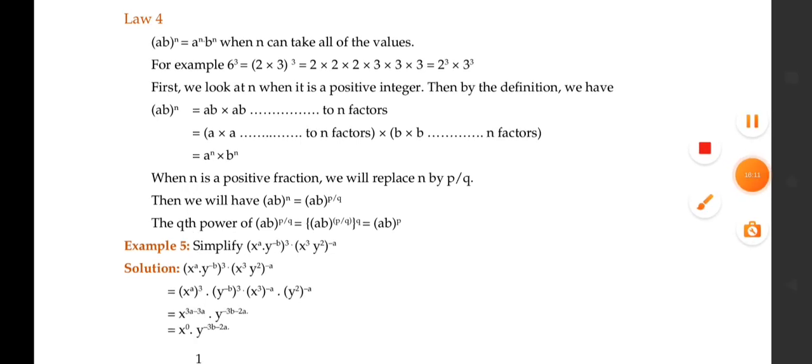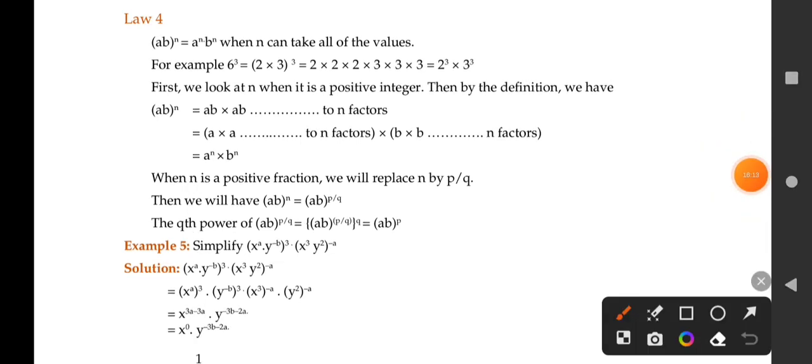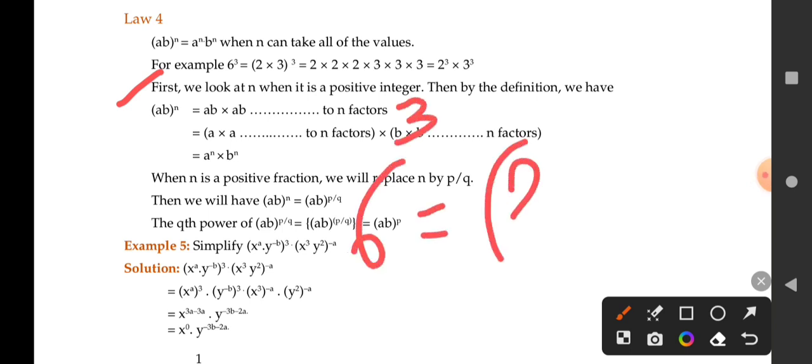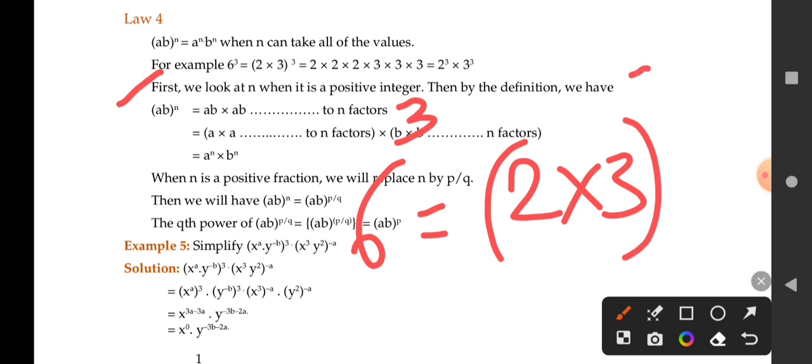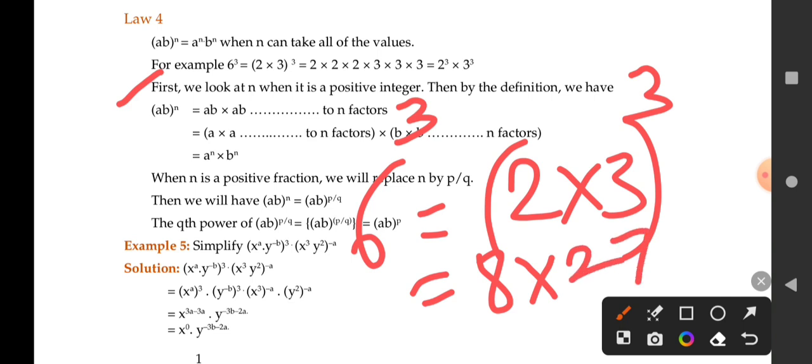Let's see the example given. For example, 6 cube is equal to 2 into 3 whole cube. So what is 2 cube? 8, and 3 cube we have 27, right? So 8 into 27, what do we have? 216.